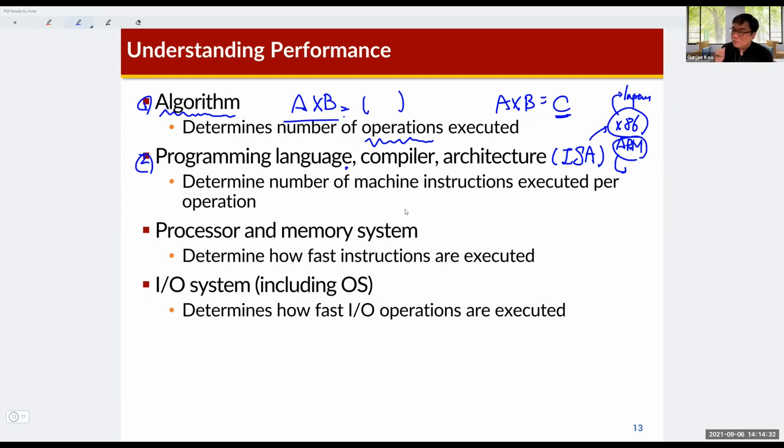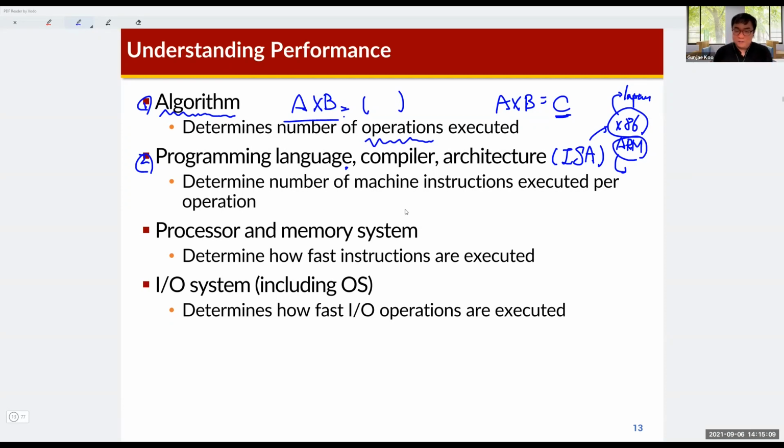C is much faster than Python because the type of language is different. Python is an interpreter language, and C is a compiler language. If you write the same program in C and Python, then the C program will be much faster than the program written in Python. So the programming language also decides the performance of a computer system.